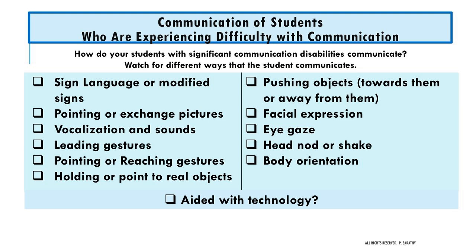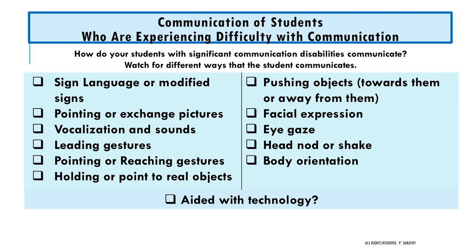So how are some ways communication can occur in students? Some may use sign language, some may point, some may use picture exchange, some may communicate through their vocalization, and different vocalizations may indicate different things. It is important as part of the assessment process to look for these things.